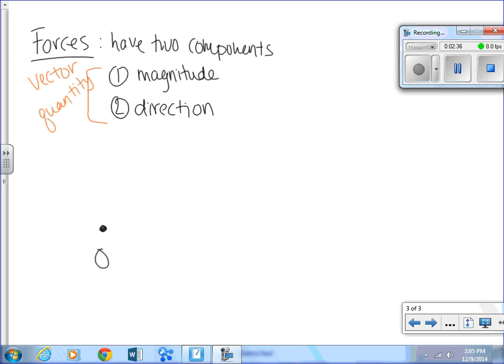I can have one person taking this object and pulling it this way, and I'll call this force 1. But even though one person is pulling this to the right, I could have another person pulling this way. What we want to find out is, if you have force 1 and force 2 pulling this object, where is this object actually going to end up?